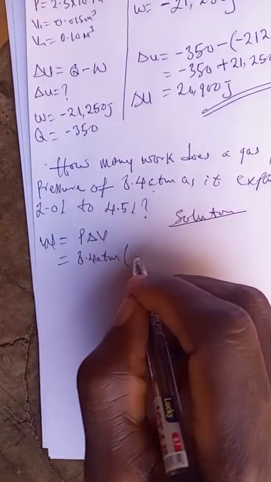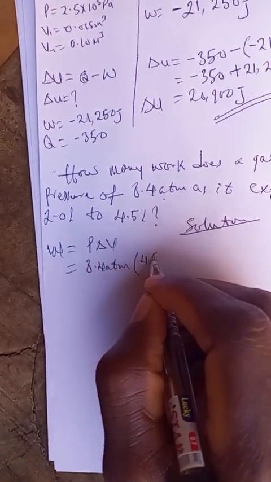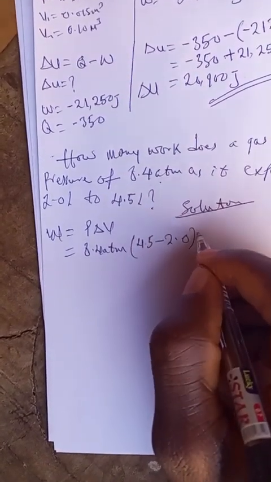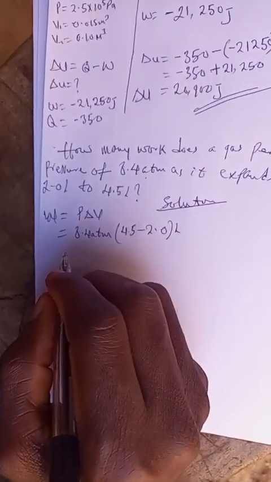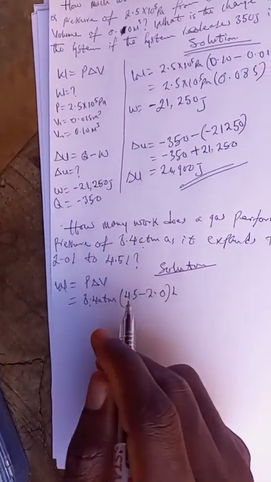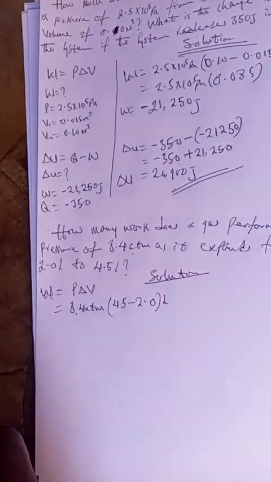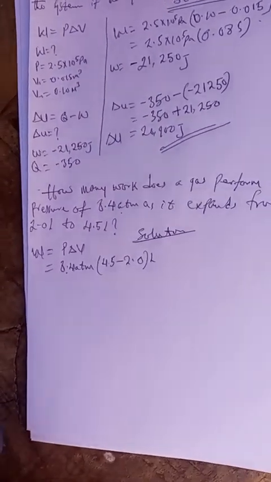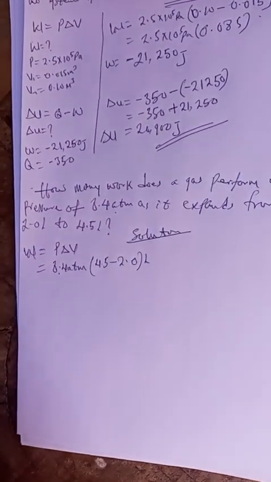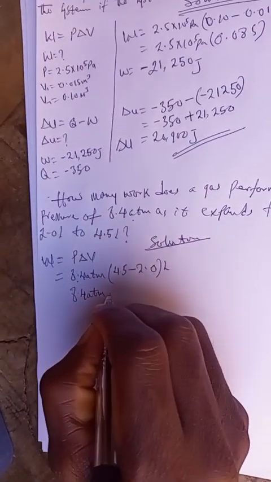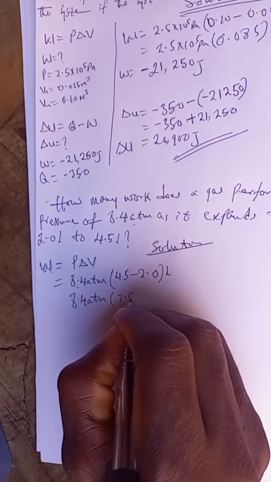The final volume is 4.5 minus 2.0 liter. In the calculator, just say 4.5 minus 2.0. So we are going to have 8.4, which is your pressure, into bracket 2.5 liter.